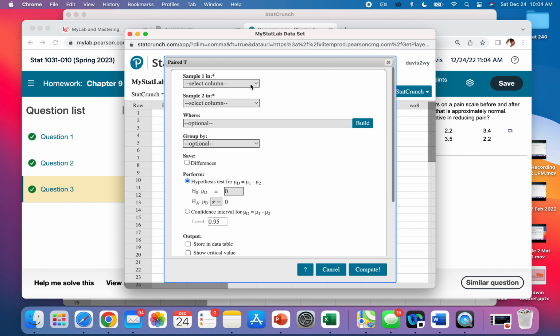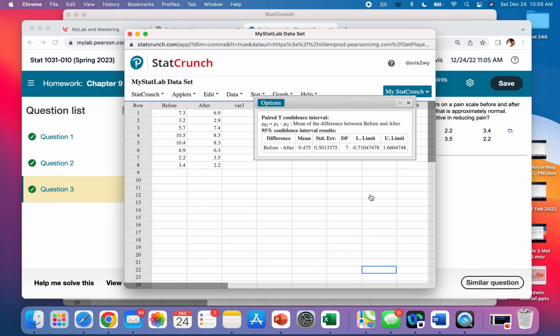Sample 1 is before, sample 2 is after. If this works, before should be more. Their pain before should be higher if hypnosis works. Whatever confidence level it said, your lower limit and your upper limit is your answer.